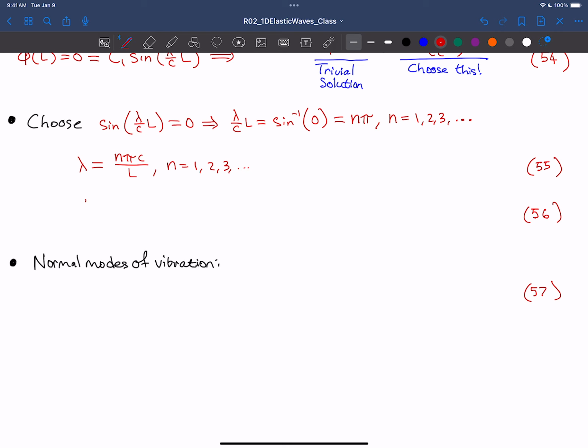So let's say here that phi n of x is equal to some constant Cn times the sine of n pi divided by L times x. That's one of the solutions, and this is true for n equals 1, 2, 3, on to infinity.